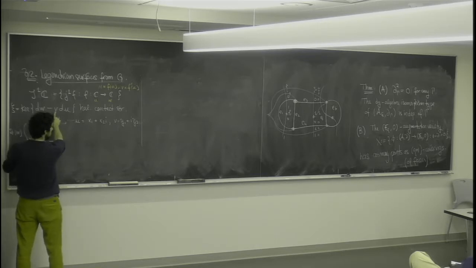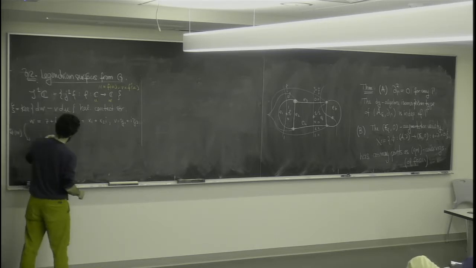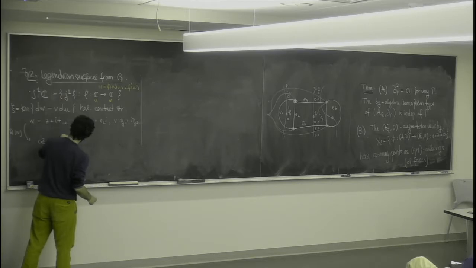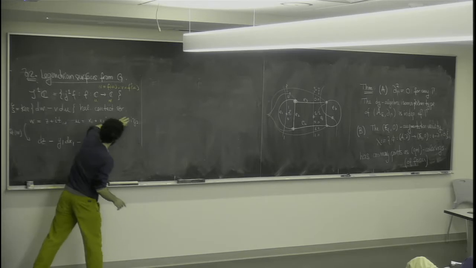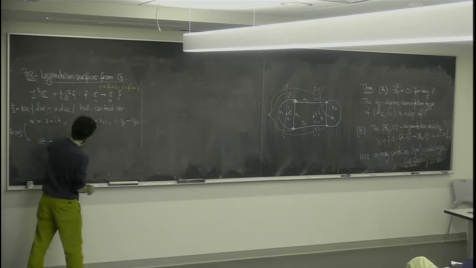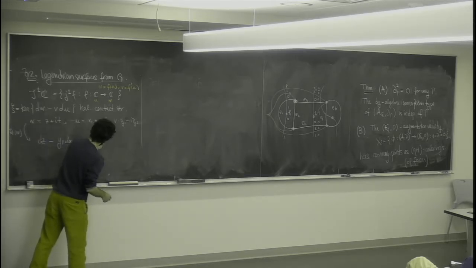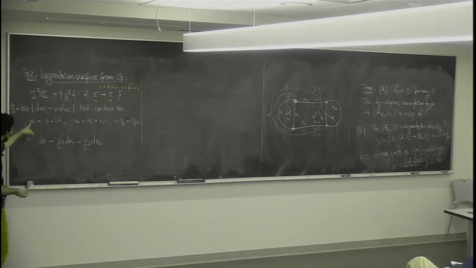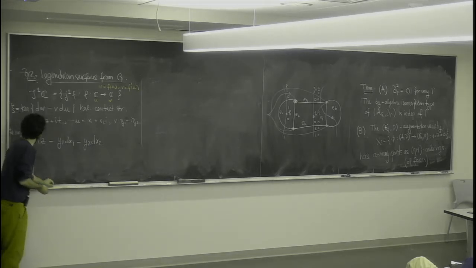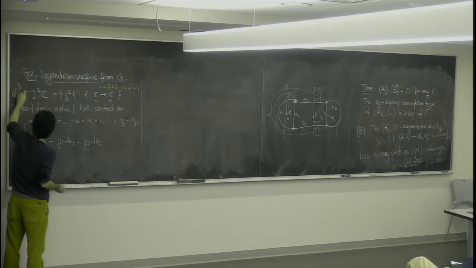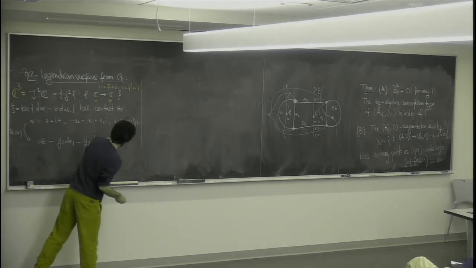That's going to be the real part of v times the real part of u, so that's going to be y1 dx1 minus, well, there's a sign somewhere. Okay, this thing, and then y2 dx2. So if we take the real part of this, we get here. So we've gone from being in C3 to being in R5.